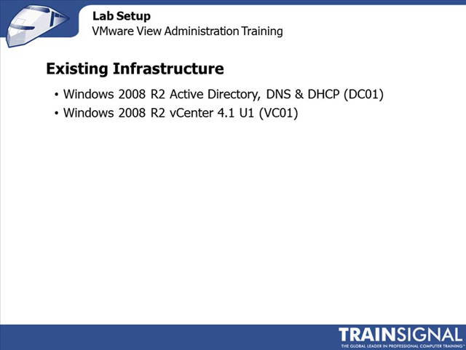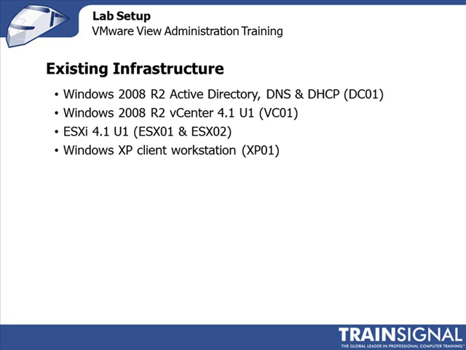Next, I have a 2008 R2 server hosting my vCenter 4.1 Update 1 instance, and this server is named VC01. My 2 physical HP servers both have ESXi 4.1 Update 1 installed on them, and they are named ESX01 and ESX02. I have a Windows XP client workstation running in a virtual machine called XP01.